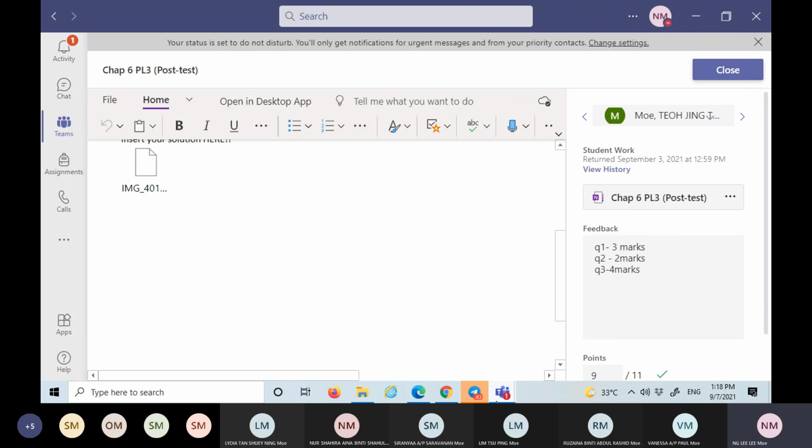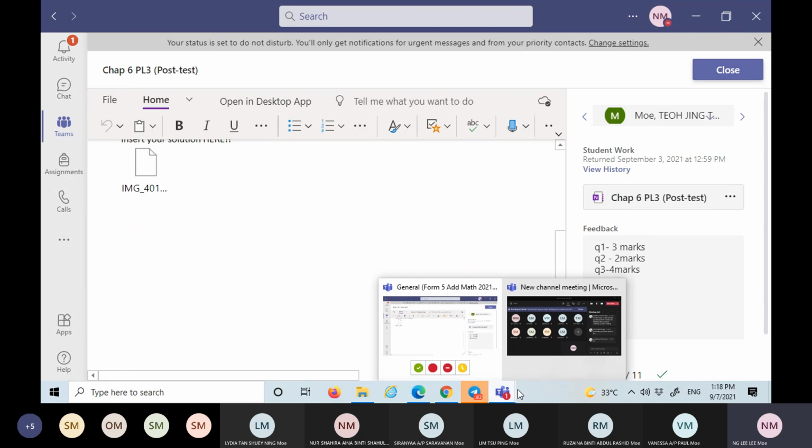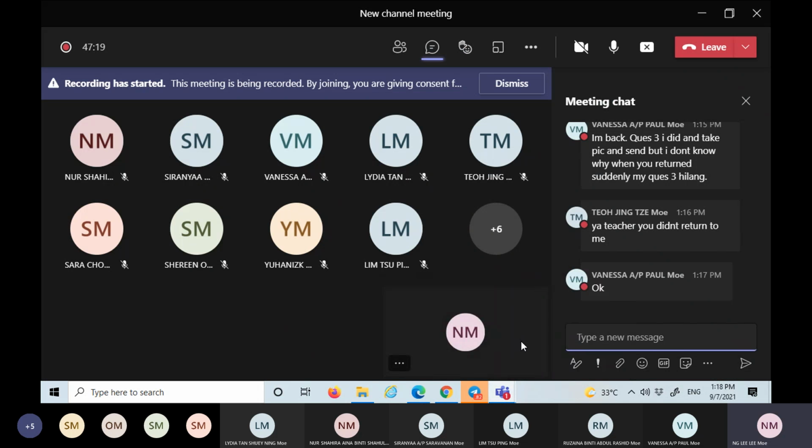Okay, so now our class ends at 2. Now only we come back to our textbook. Any question you want to ask for your textbook? What exercise do I give you now? 1, 2, 3. This one not yet. 6.7, 6.6.